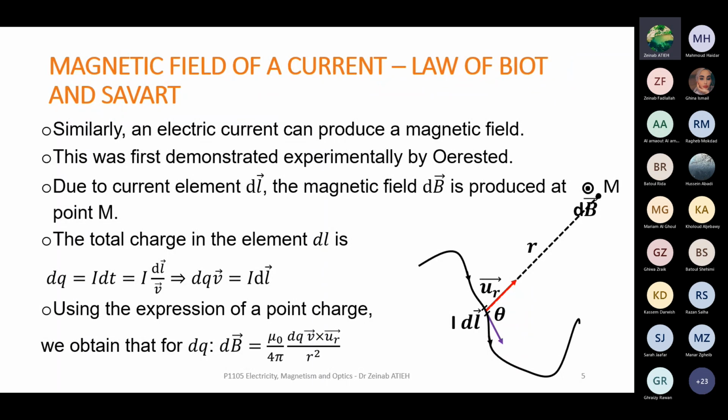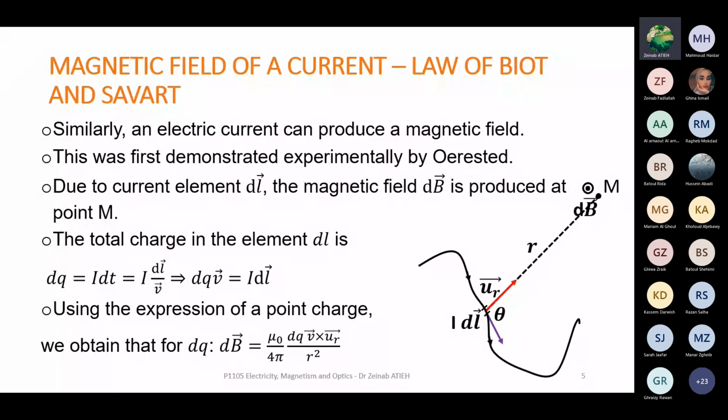Let's do it. Similarly, an electric current can produce a magnetic field. So if a moving charge can produce a magnetic field, then a current, which is a group of moving charges, will also create a magnetic field. As I have explained earlier, this was first demonstrated experimentally by a scientist called Ørsted.